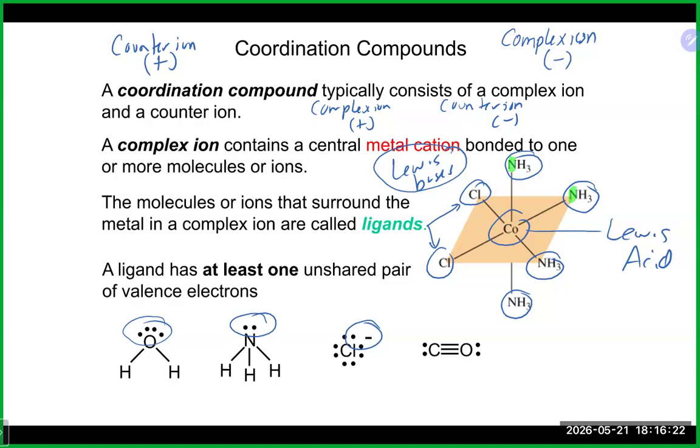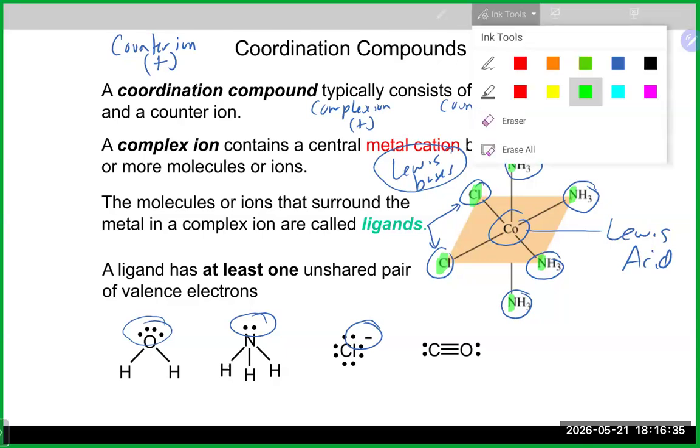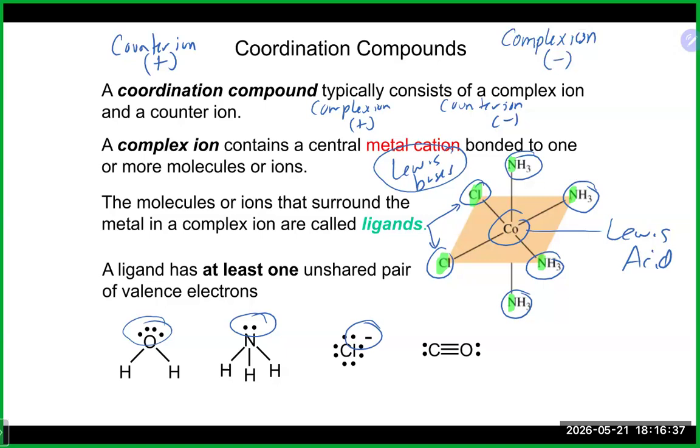The hydrogens are attached to the nitrogen, but not the metal. The chloride is directly attached, and the chloride is directly attached. The nitrogen and the nitrogen here are directly attached. So in this complex ion, we have 6 atoms directly attached to the metal, and it would have a coordination number of 6.